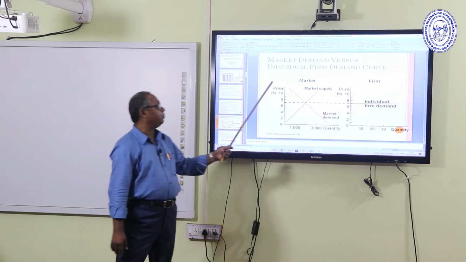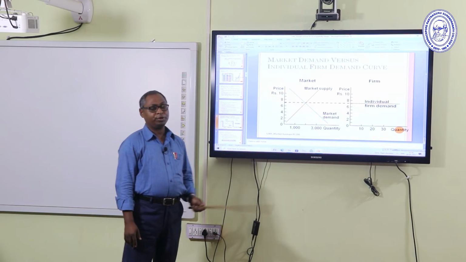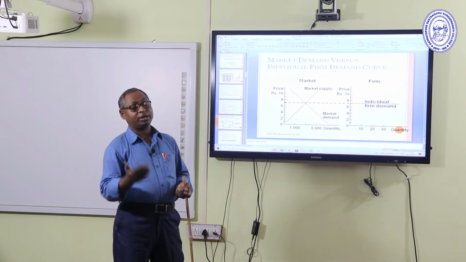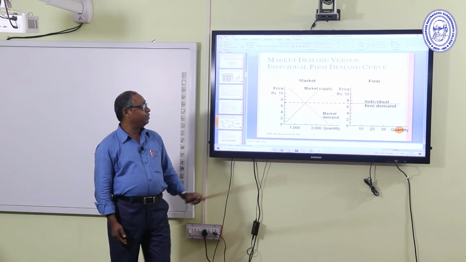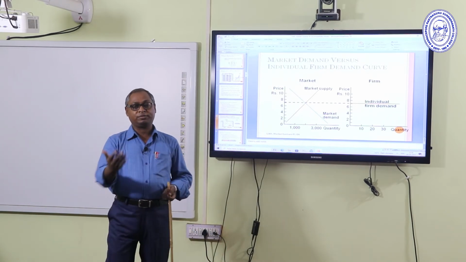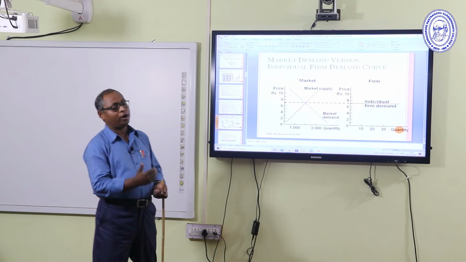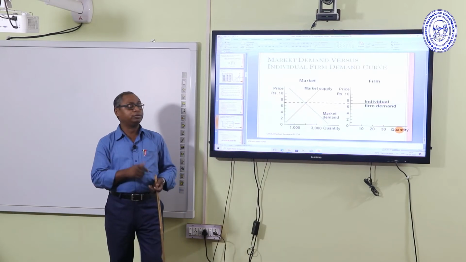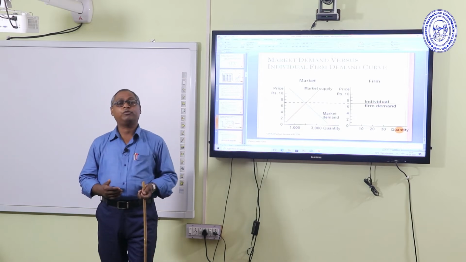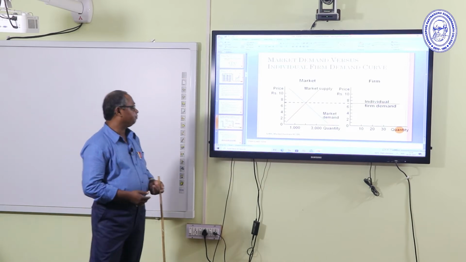So the demand curve in the market is downward sloping. And here, in the perfectly competitive setup, we are trying to derive the market supply curve from the farm supply curve. So our first task is to derive the farm supply curve, and then we will go for the market supply curve.